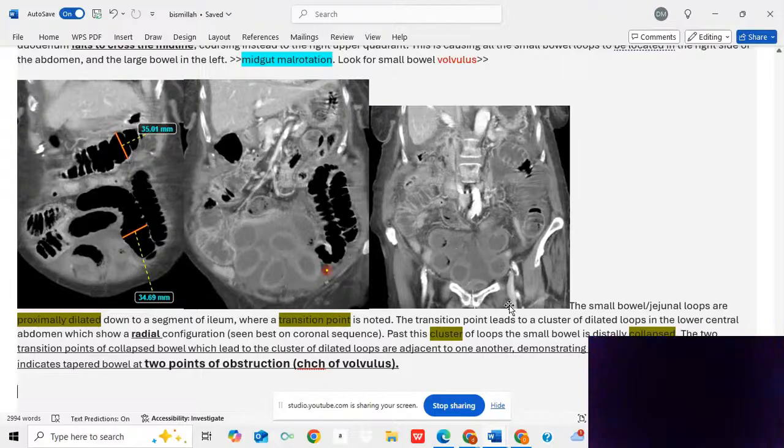This is characteristic of volvulus. Okay, so that's all.